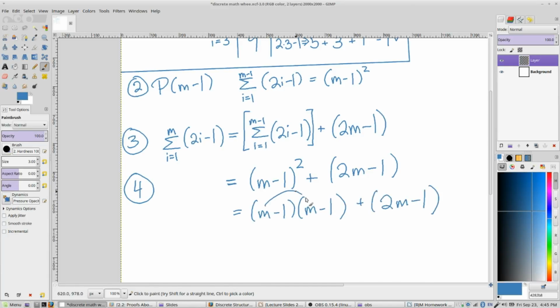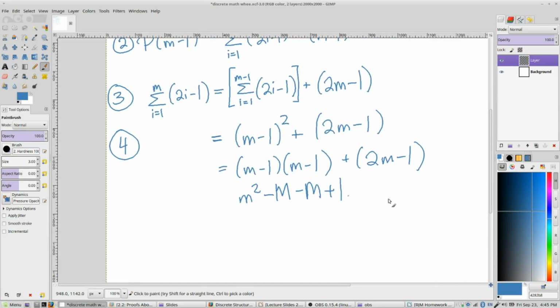If we do the FOIL, m times m is m squared, m and negative 1 is minus m, negative 1 and m is also negative m, and then 1 and 1 will be positive 1 here, plus 2m minus 1. And again, keep simplifying it. m squared minus 2m plus 1 plus 2m minus 1.